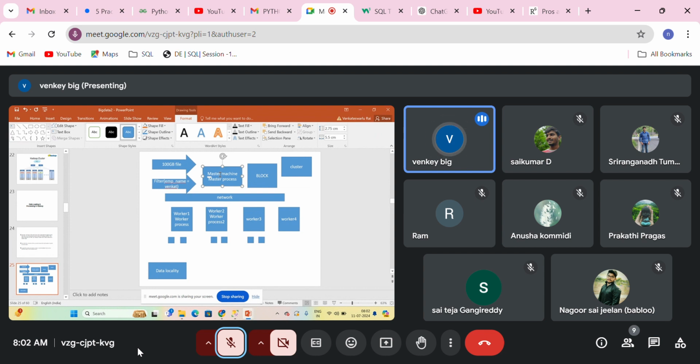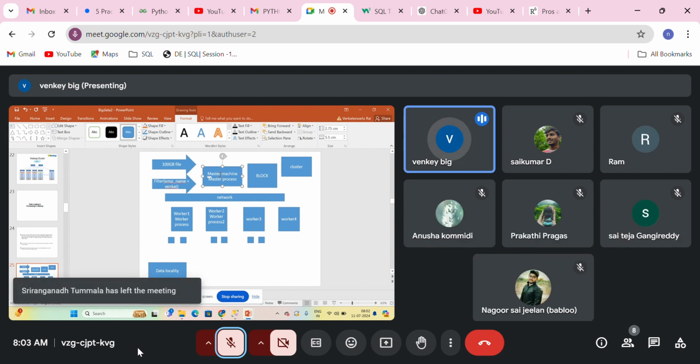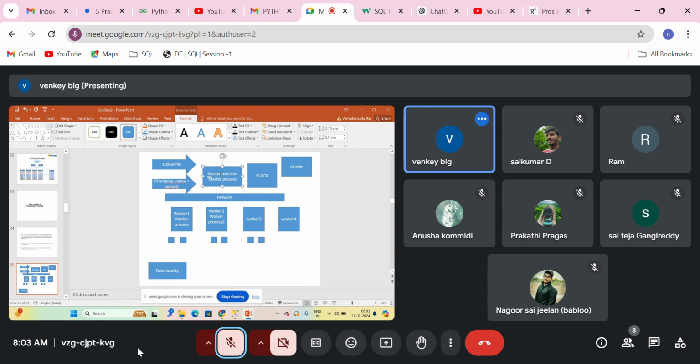That's where the market for Hadoop also came down, and people are looking for cloud data engineers, not the actual data engineers who worked on-prem. The project requirements are also coming like that. So it is good to understand big data technologies, but the ultimate goal should be to learn cloud data engineering.